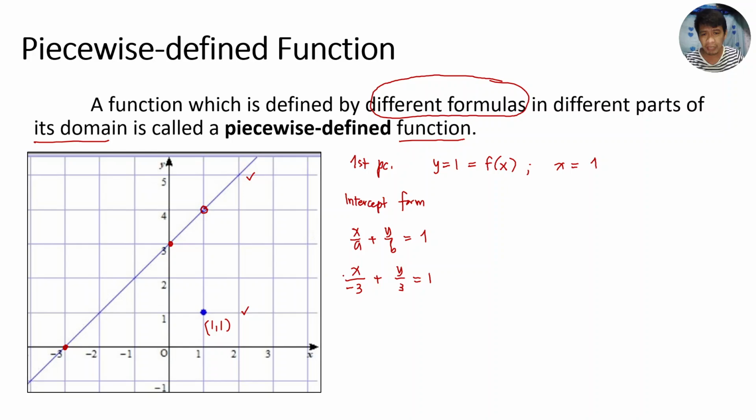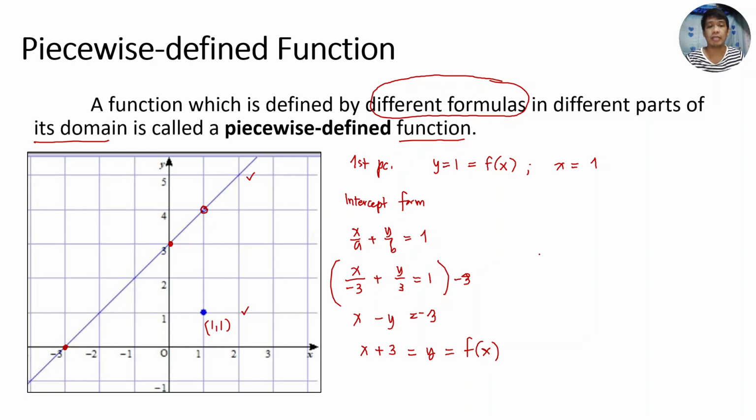Then multiplying both by negative 3, that becomes x minus y is equal to negative 3. So transposing that, y on the right and negative 3 on the left becomes x plus 3 is equal to y, which is actually our function of x, which means that's the function defined as x plus 3 for any value of x except x is equal to 1.